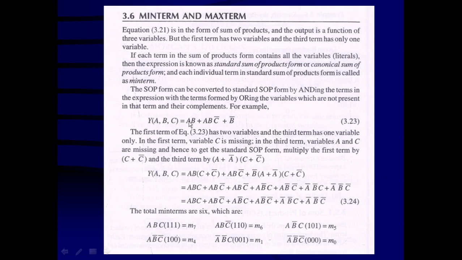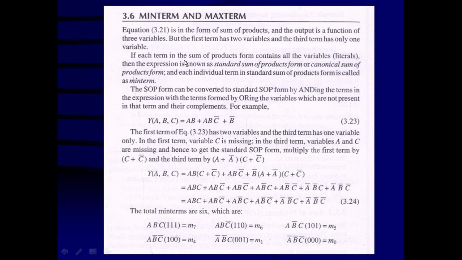So you can see that the first term has only two variables A and B, the second term has three variables A, B and C bar, and the third term has only a single variable B bar. But still this is a sum of product equation. The terms are not containing all the variables.